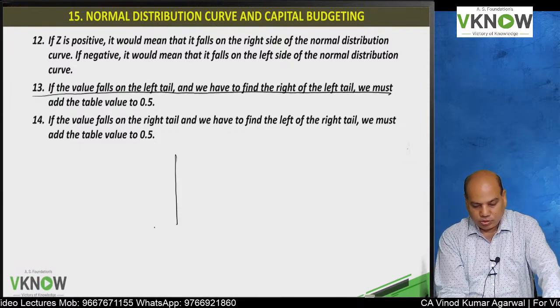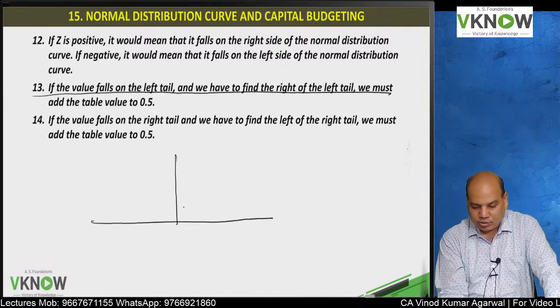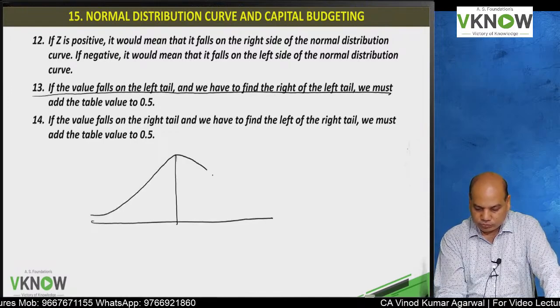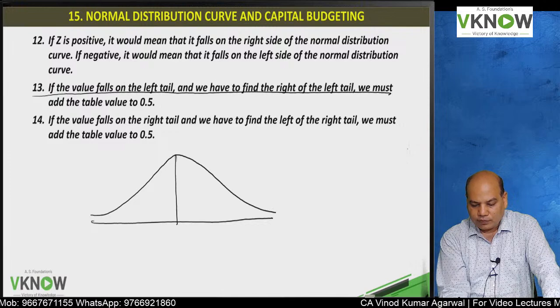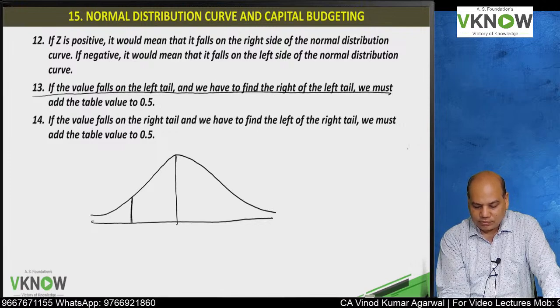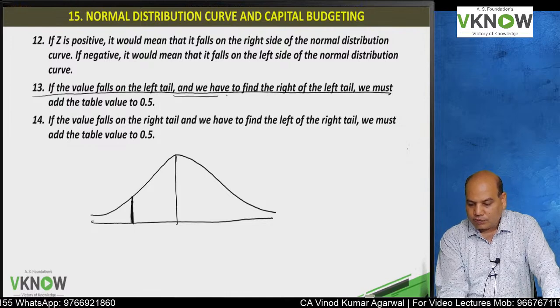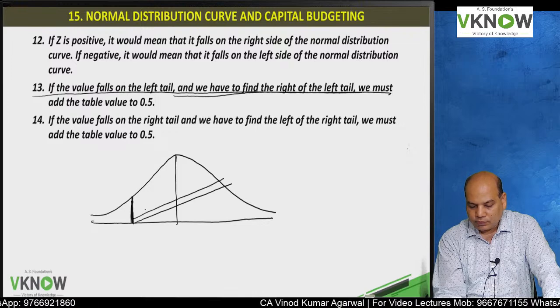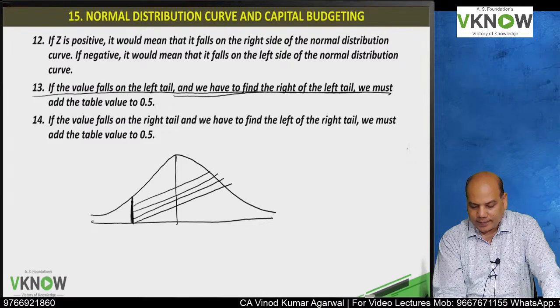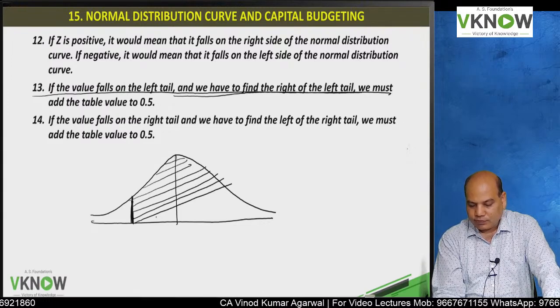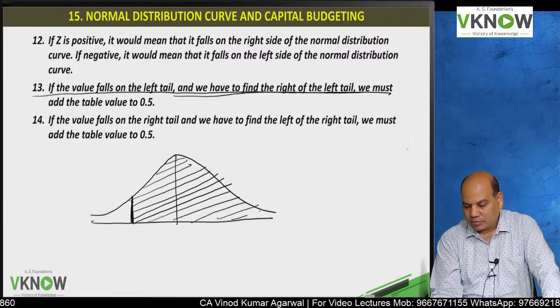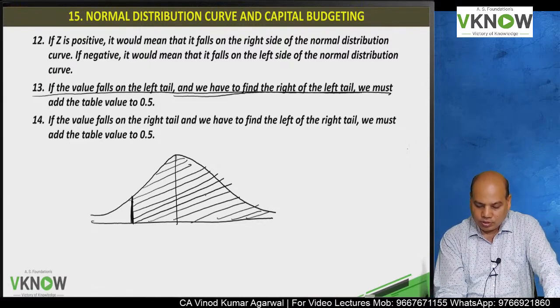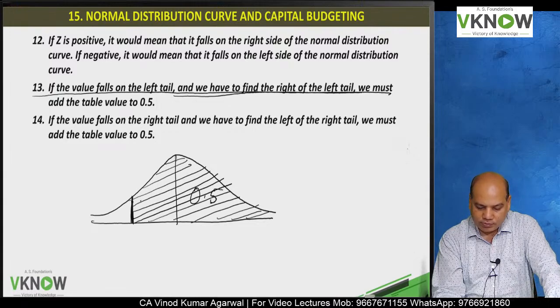Now you can draw one more diagram in your book. If the value falls on the left tail, suppose the value is here, and we have to find the right of the left tail, we have to find this probability. What do I do? The area of the right side of the mean is 0.5.